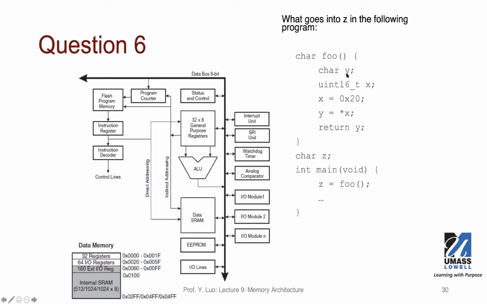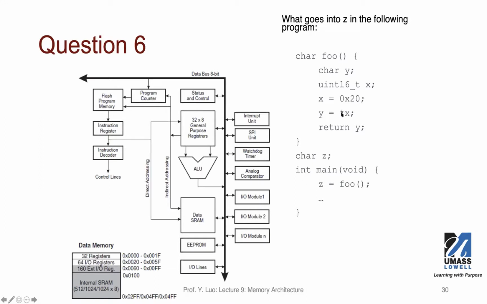In this function, we declare Y, which is 1 byte, and we declare X, which is 2 bytes. And we assign 20 hexadecimal to X. And we will use that address to get the value of it.